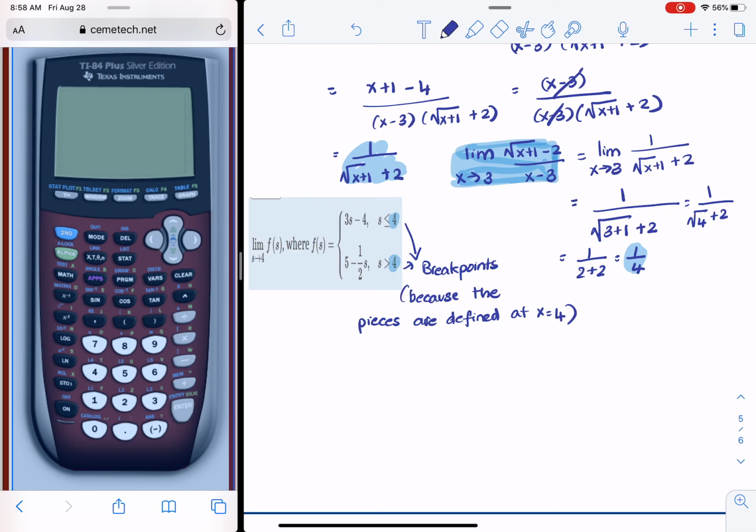Since we have a less than or equal to on one side and greater than on the other side, in the first piece, since we have a less than or equal to, we can plug in s equals 4.